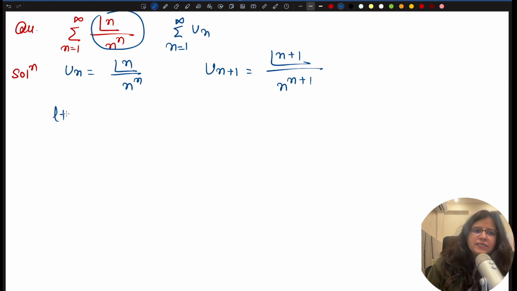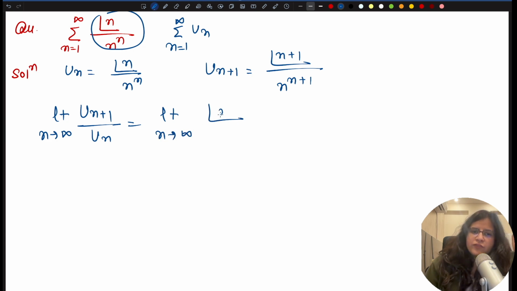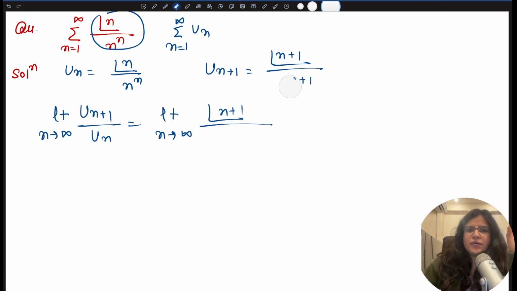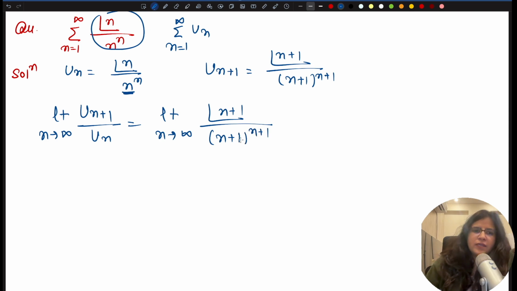You take limit n tends to infinite un plus 1 by un, and that's equal to limit n tends to infinite n plus 1 factorial by, हाँ यहाँ गड़बड़ कर दी मैंने, ये n plus 1 इसको भी तो चेंज करोगे ना. You will put n as n plus 1 everywhere. So n plus 1 to the power n plus 1, and un is n to the power n by n factorial, like this.